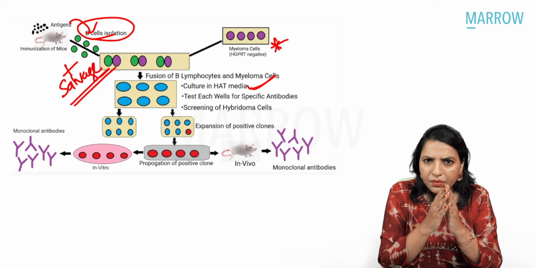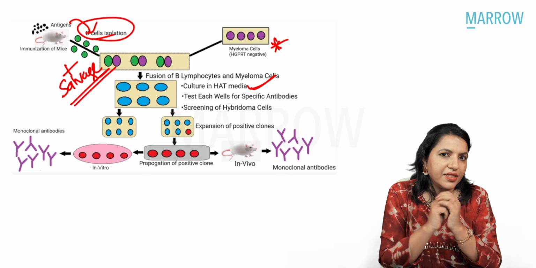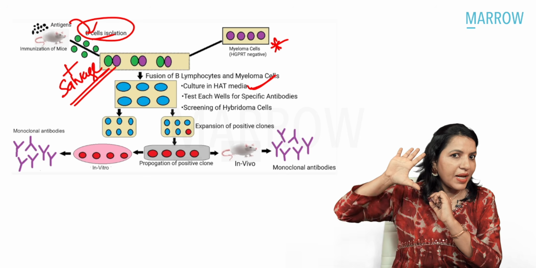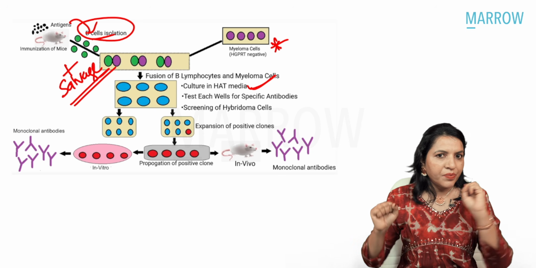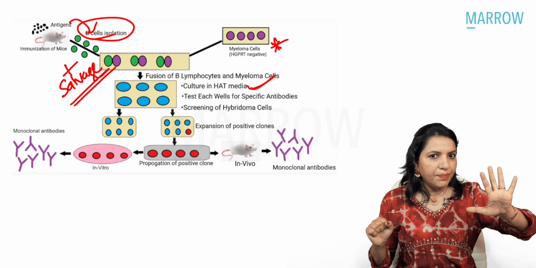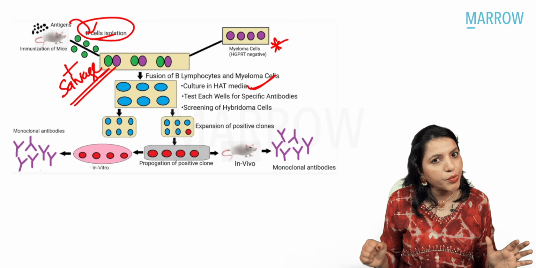Why? Because it is a hybrid cell which has two important characteristics. The myeloma cell, what is the plus? It has immense replicating potential. Now the B cell, what is the plus? It can survive in a medium where there is no de novo purine synthesis.